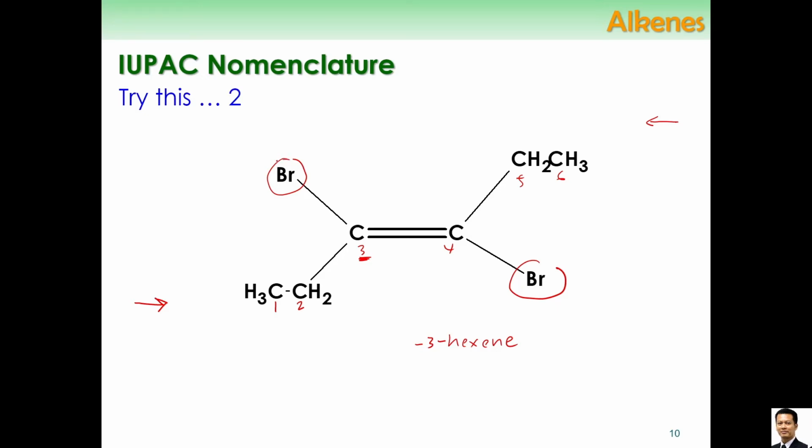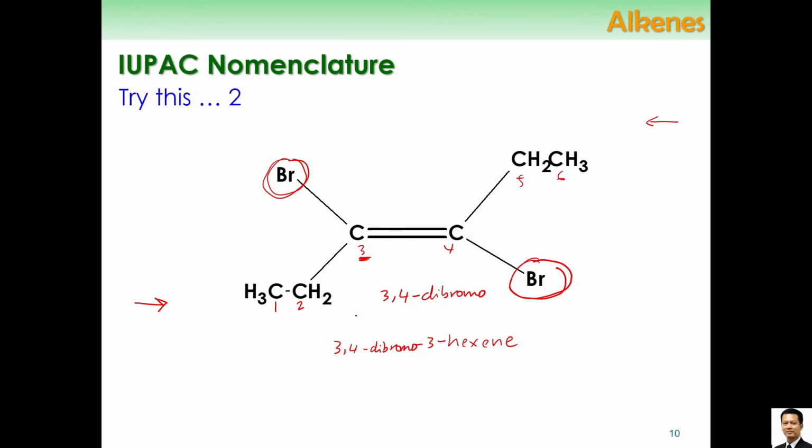And bromo at carbon number 3 and at carbon number 4. So if you group them together, it will be 3,4, right? 3,4-dibromo. Do not forget the word dibromo. Okay, is this correct?